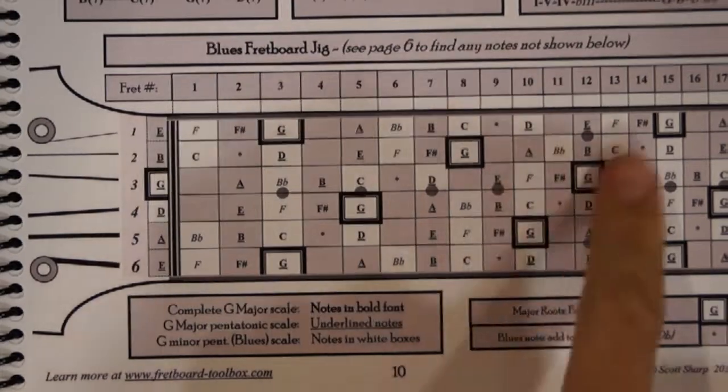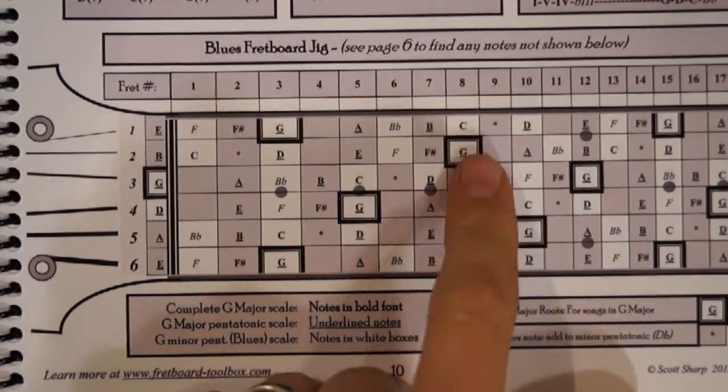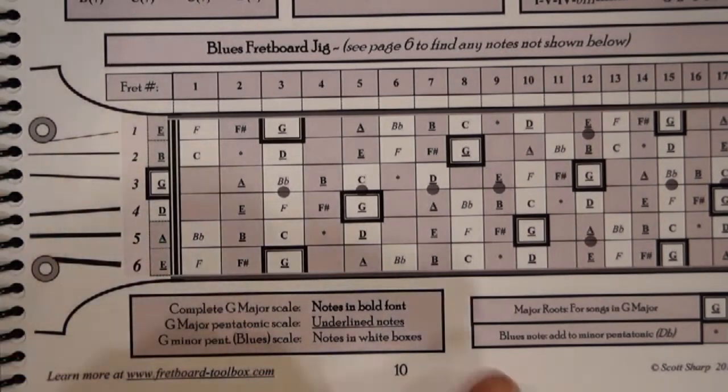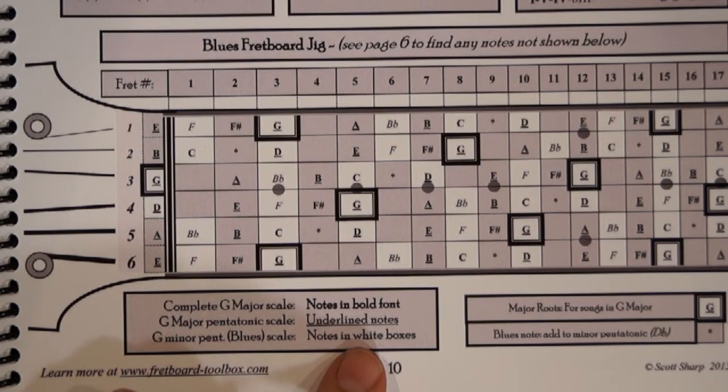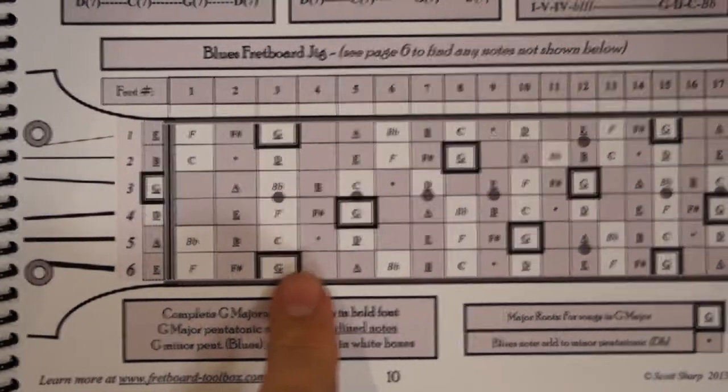So flat 5s are real easy to find, and if someone shows me a lick that has a flat 5 in it, then I can automatically see all over the place where to find those flat 5 notes. And then lastly, the major pentatonic notes you want to add sometimes in blues music are underlined on the blues pages.